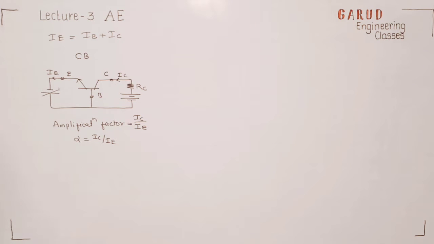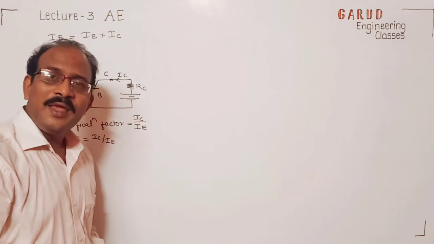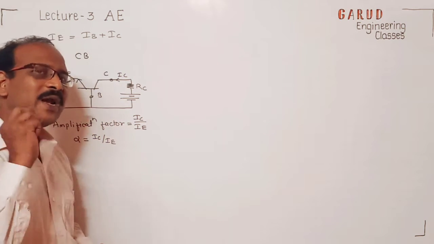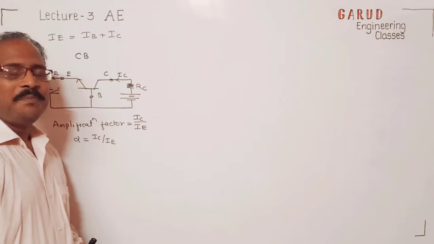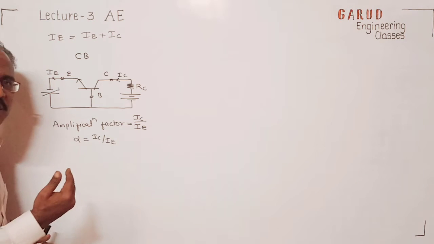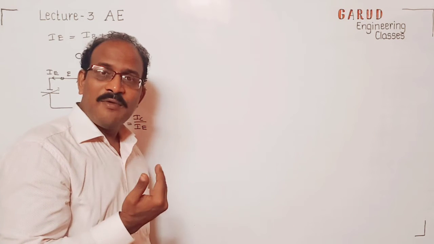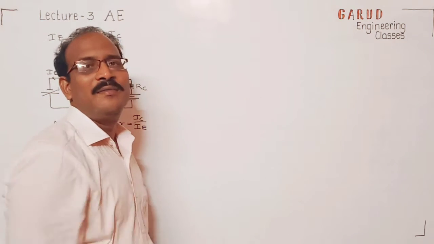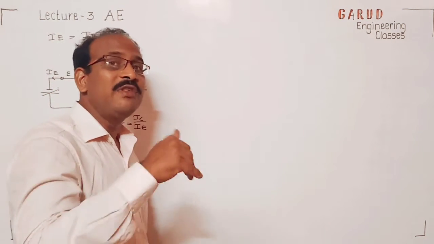So I cannot say it is an amplifier. But yes, it will amplify voltage if I connect a resistor. So it is a voltage amplifier, but not a current amplifier, because the current gain is less than unity. What is the property of an amplifier? The gain of an amplifier must be greater than 1, minimum 1. Less than 1 is an attenuator. It is reducing.